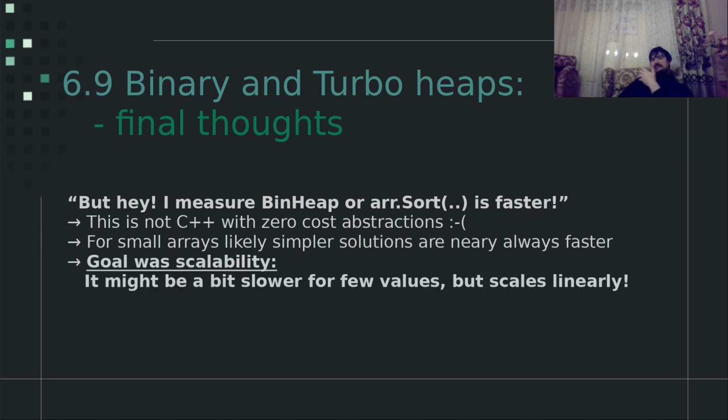Anyways, the goal was not to beat the algorithm in every possible number of elements, but scalability. So it might be a bit slower for a few values, but it scales linearly. Actually, if you are having an operation on only a few elements, unless you do it many, really many times in a tight loop, it will just run fine anyways, so it's not a big deal.